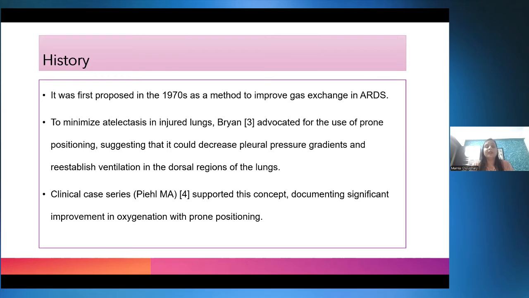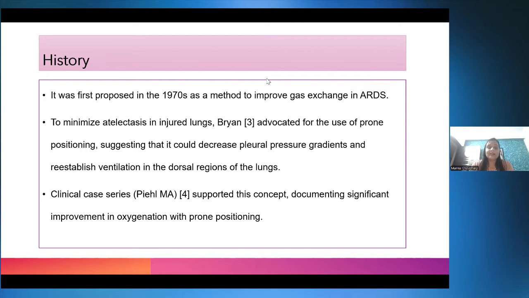This prone ventilation was first proposed in 1970 as a method to improve gas exchange in case of ARDS. Later in 1974, to minimize atelectasis in injured lung, Bryan advocated the use of prone positioning, suggesting that it could decrease pleural pressure gradients and re-establish ventilation in the dorsal region of the lungs.